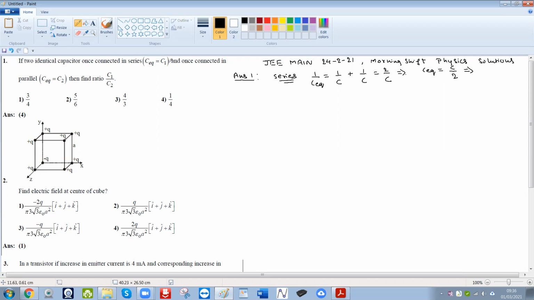And according to the given question, C1 should be equal to C by 2, where C represents capacitance of each of the identical capacitor which have been connected in series. Now, when they are connected in parallel, equivalent capacitance is C1 plus C2.